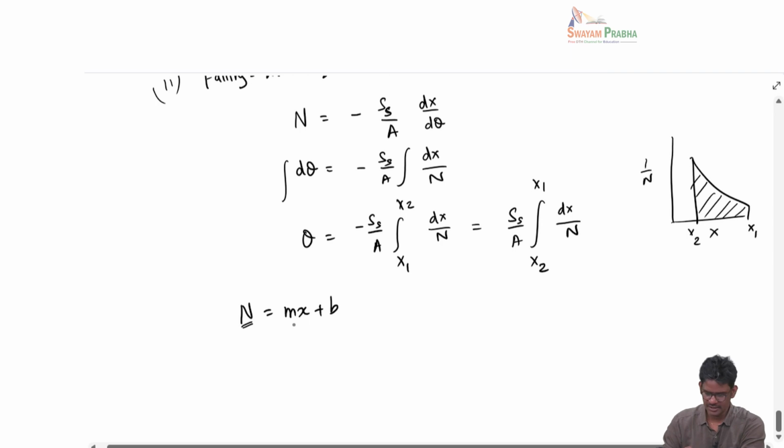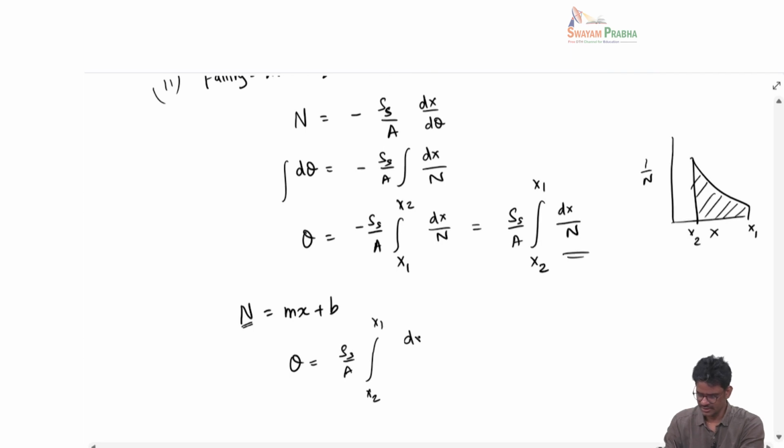And so now we can go back and substitute here. So we get the integral from x2 to x1 of dx by mx plus b.